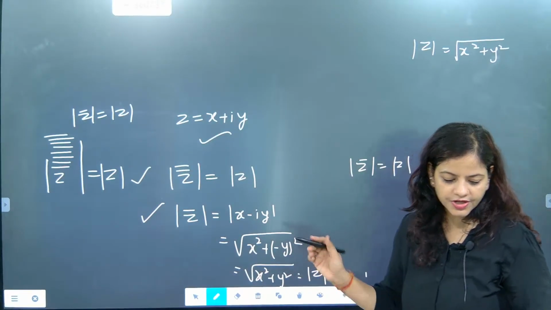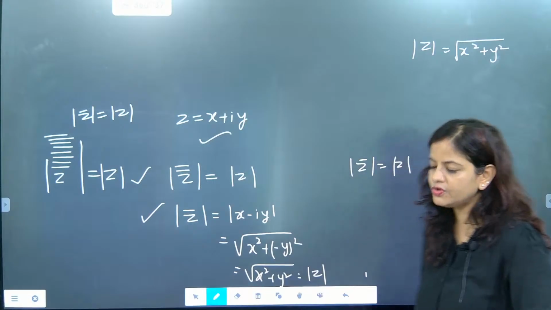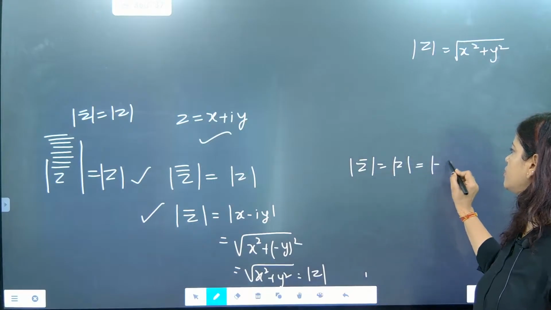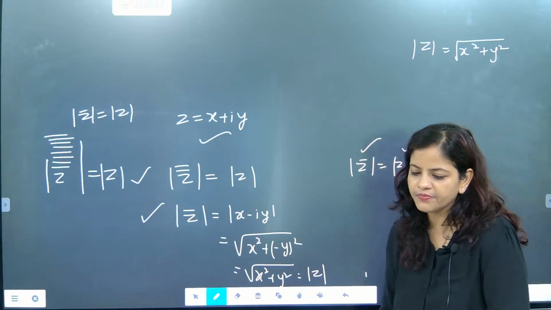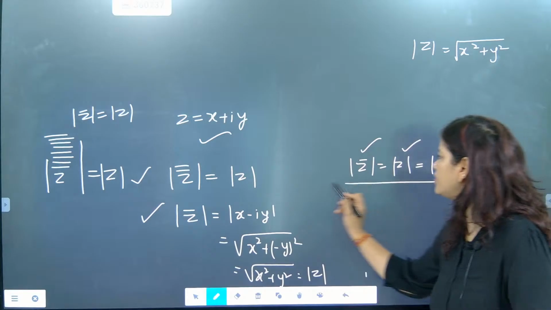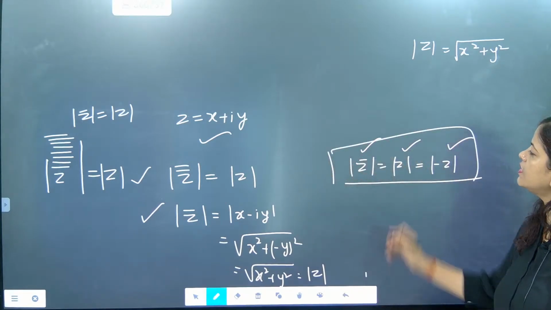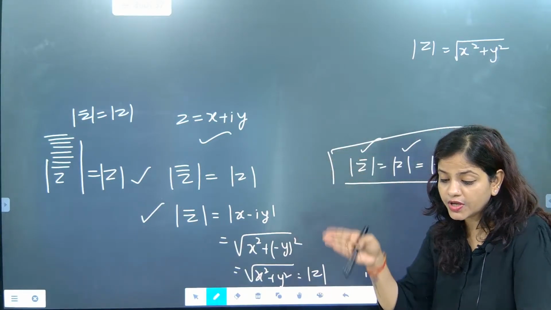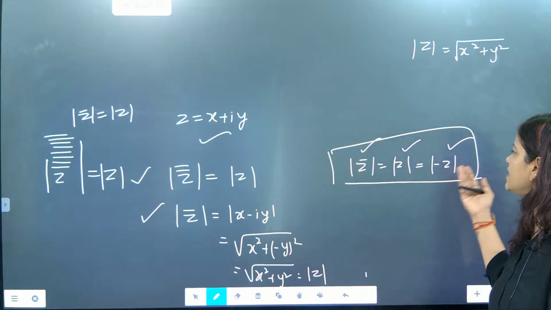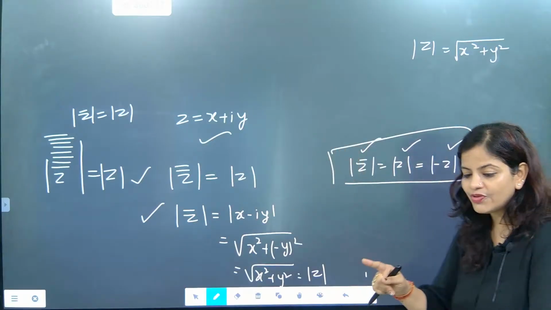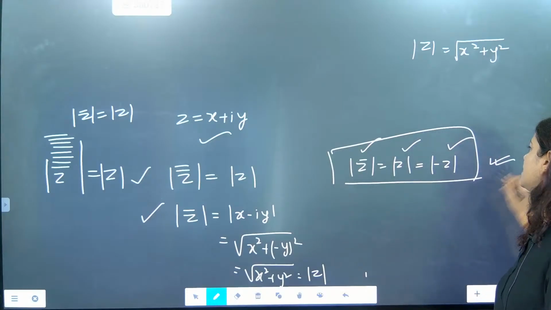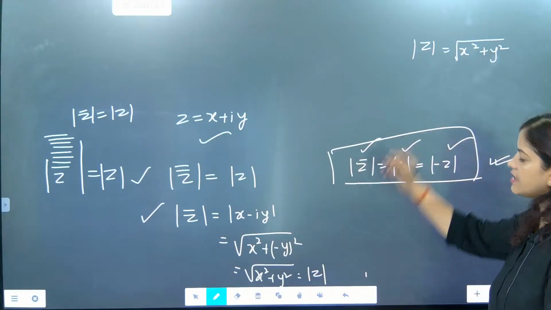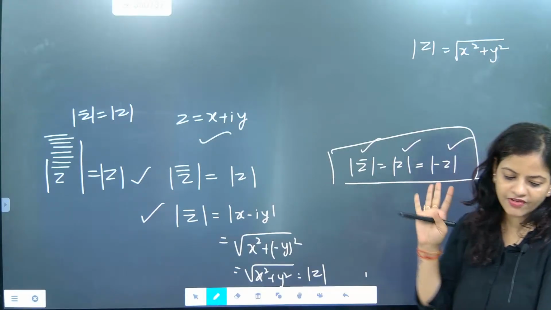They will drag you into trouble, but you must always remember it will come all equal, no matter how many times you take the conjugate on z. It will give you the modulus again. Specifically, if it is in modulus, then only will it come in this format. I hope I have cleared myself.